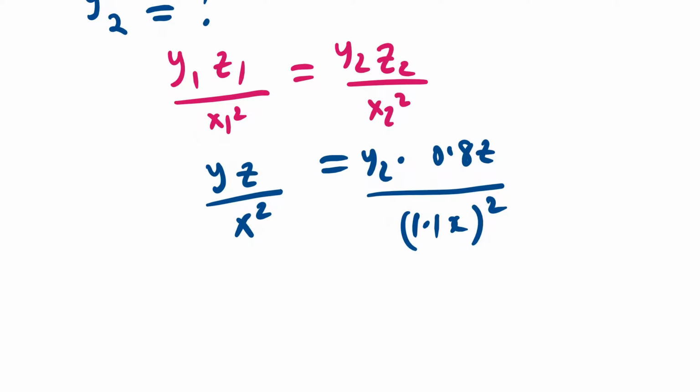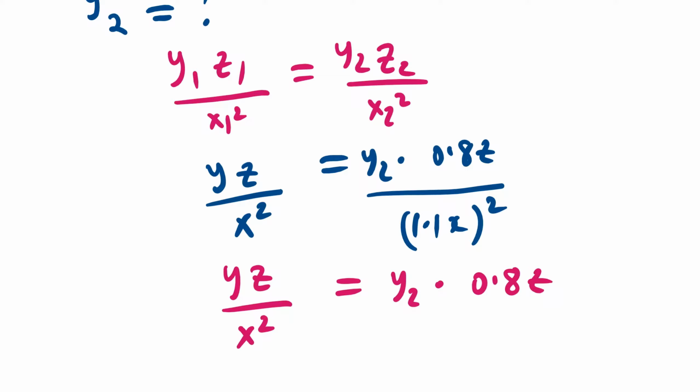So as you can see here, z are common values, so we can cancel them, and x also. Before cancelling, maybe I can open it a little bit. So yz over x squared equals y2 times 0.8z divided by 1.21x squared.